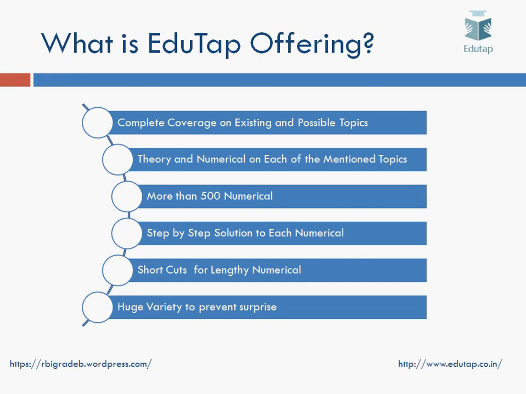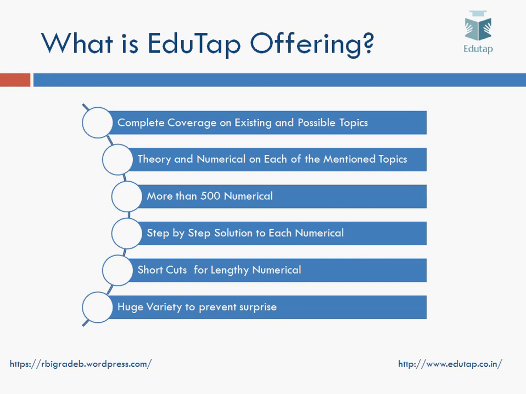Each of these topics would have theory and numerical, so that you read the theory first, understand the concepts, and then only move to the numerical part. There would be more than 500 numericals for you to practice and gauge the level of your preparation. All the numericals are solved step by step in our concept notes.